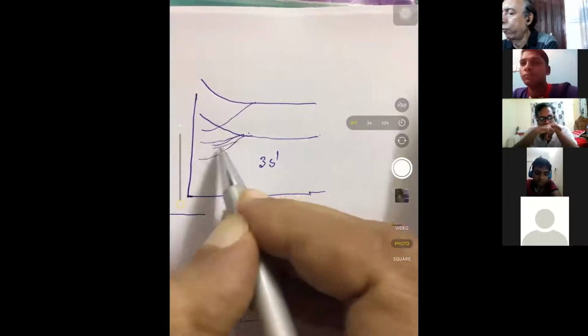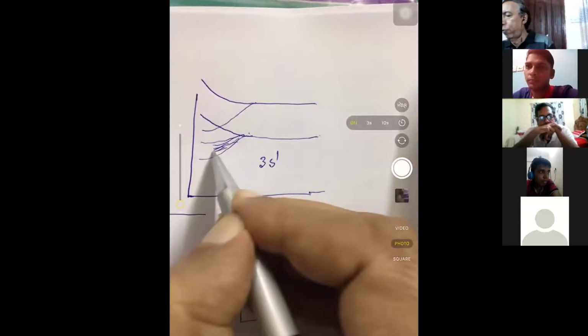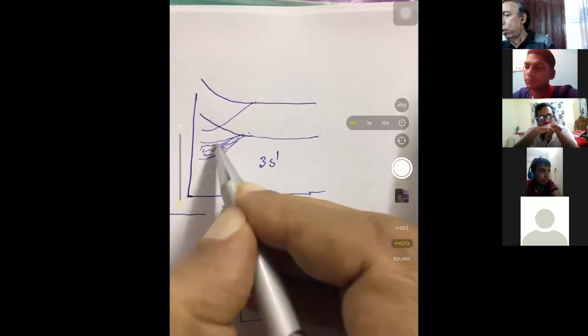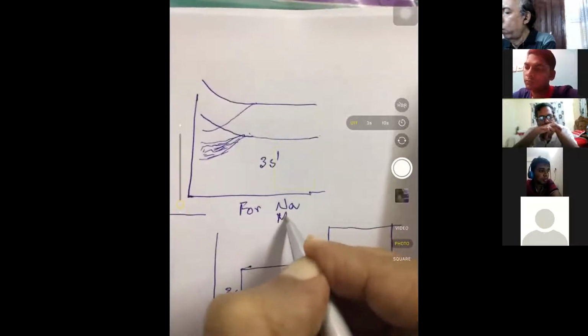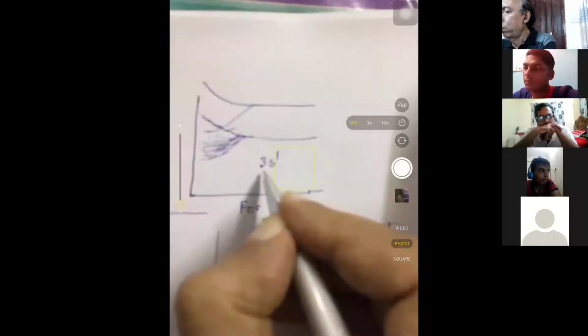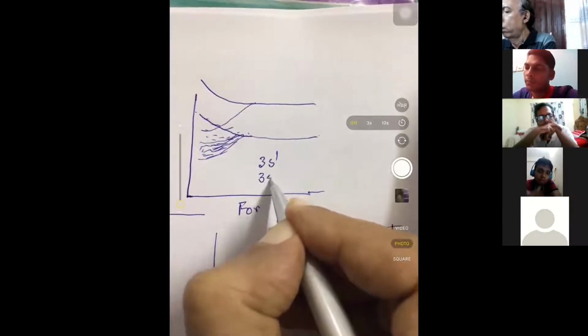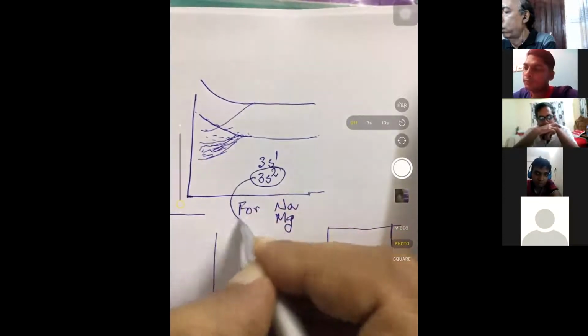If this is magnesium, then it will be completely filled, because magnesium has 3s2.